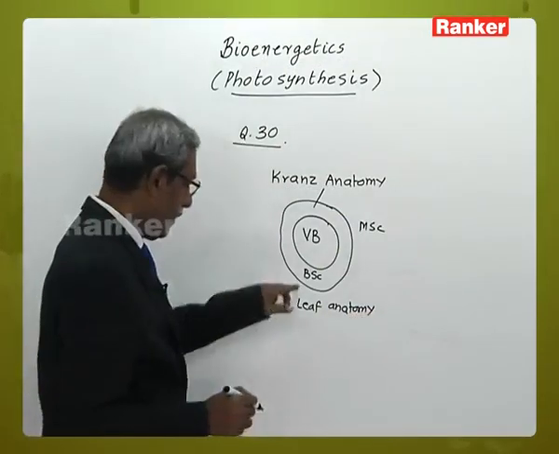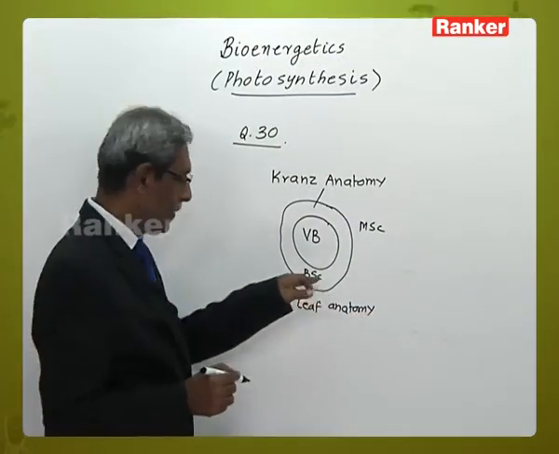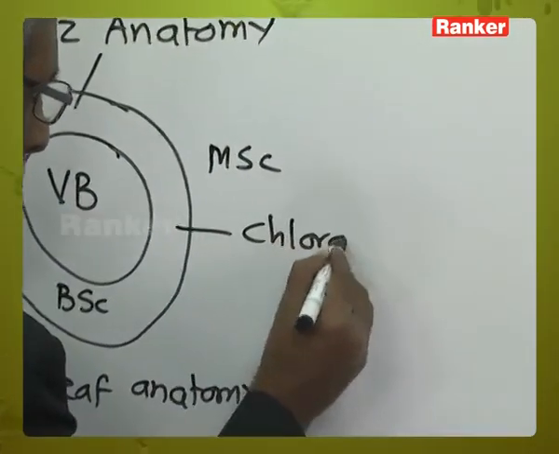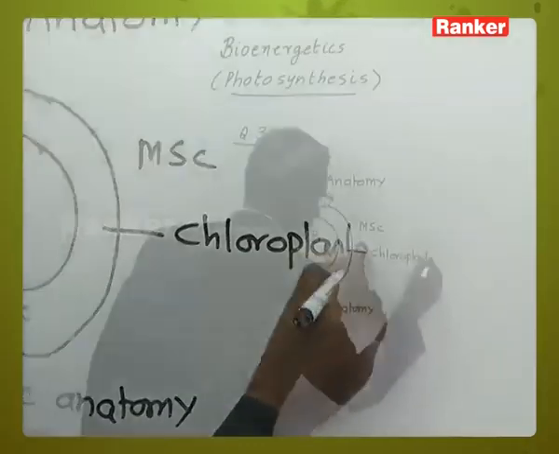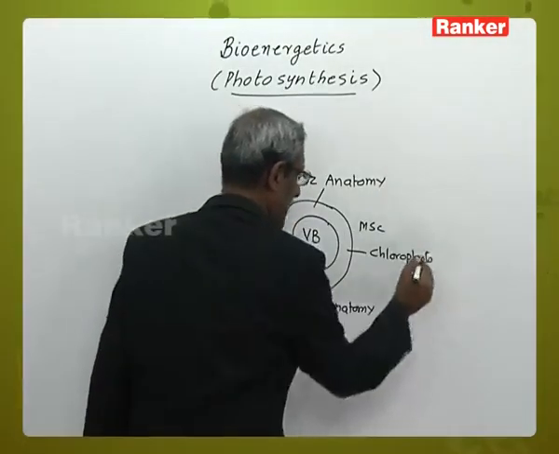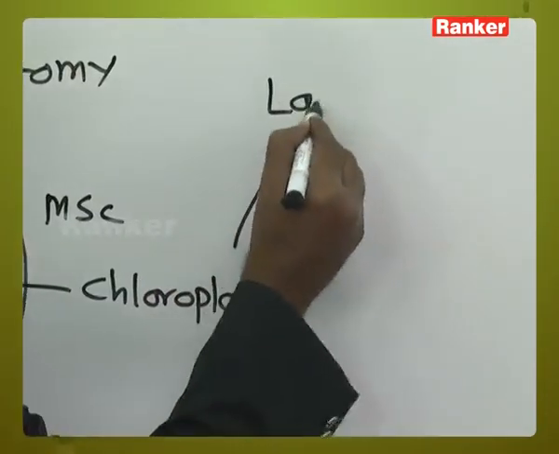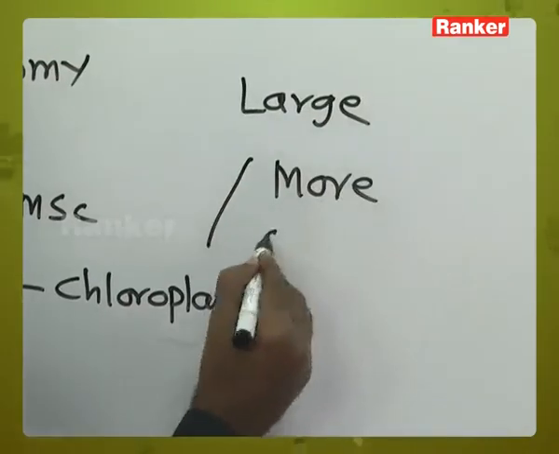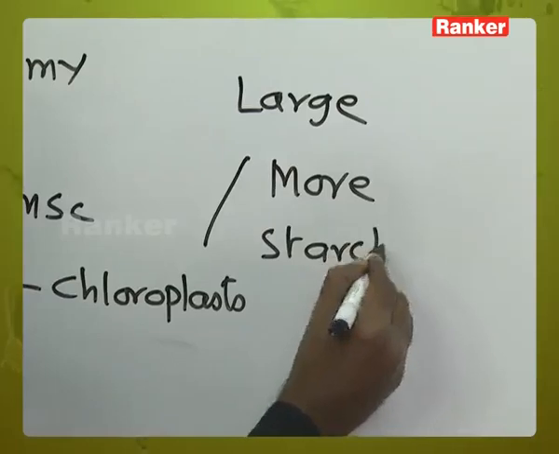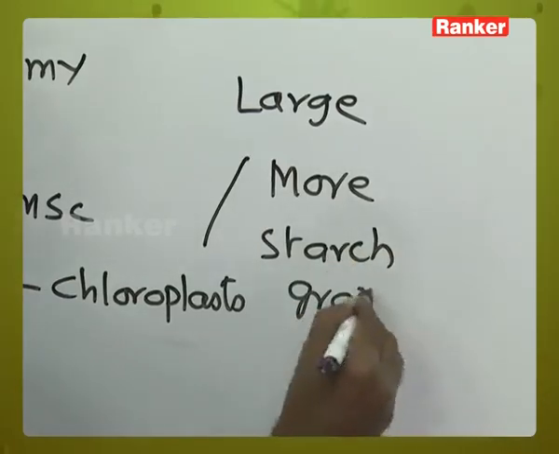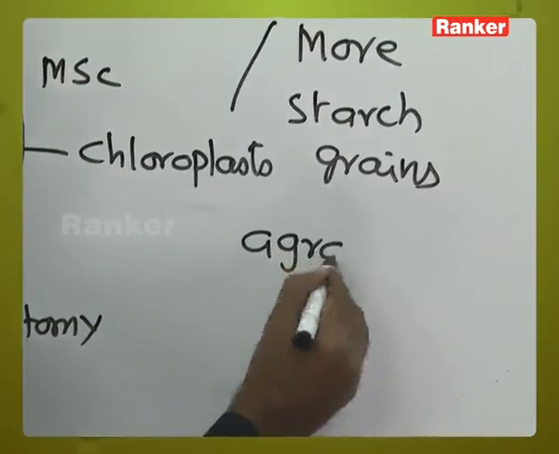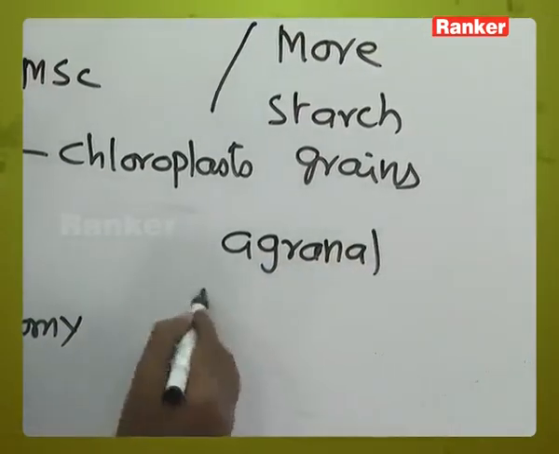Now, in the bundle sheath cells, the chloroplasts are large, more in number, and have high starch grains, but they are agranal, so they have only stroma.